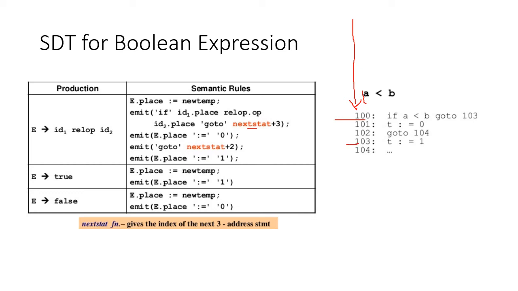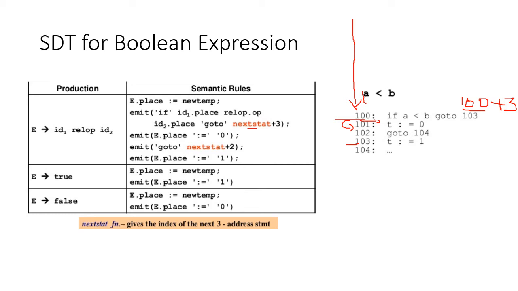So this 103 is 100 plus 3. Next state gives this 100 and 3 we know, that means go to next state plus 3. Each emit statement, after generating a three address statement, increments this index. So the next address is 101.